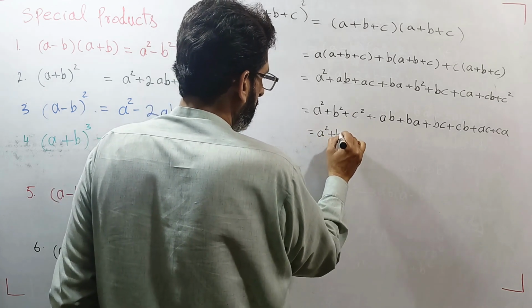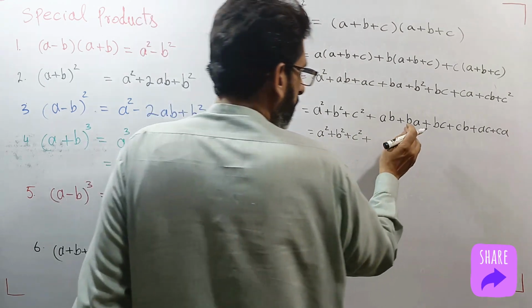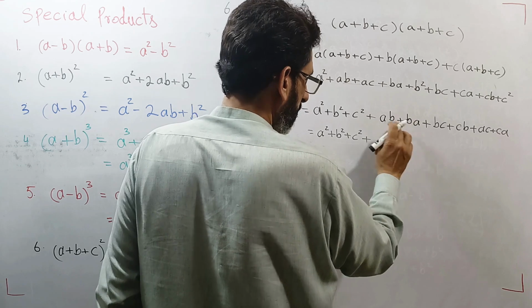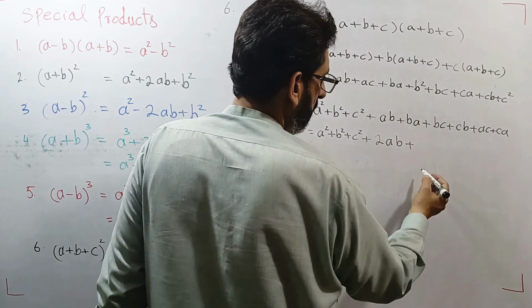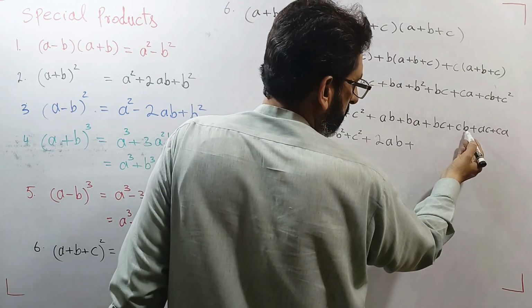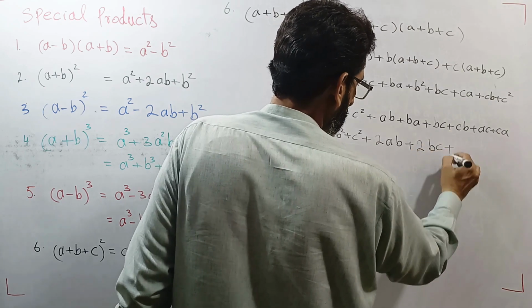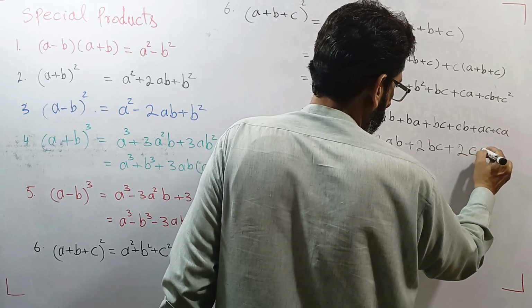A square plus B square plus C square. When we commute this term BA, it will become AB. AB plus AB, it will become 2AB. In the same way, CB, after commutative law, it will become BC. This will become 2BC. 2AB plus 2BC plus 2CA.